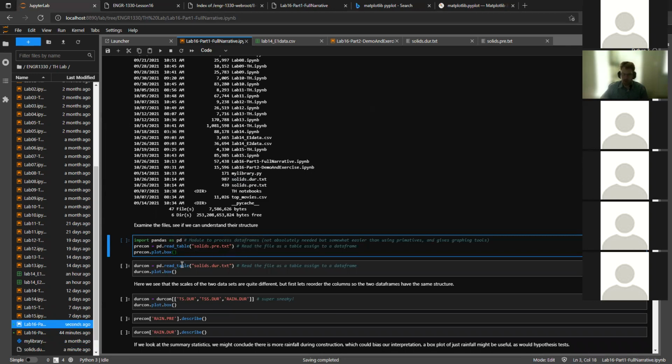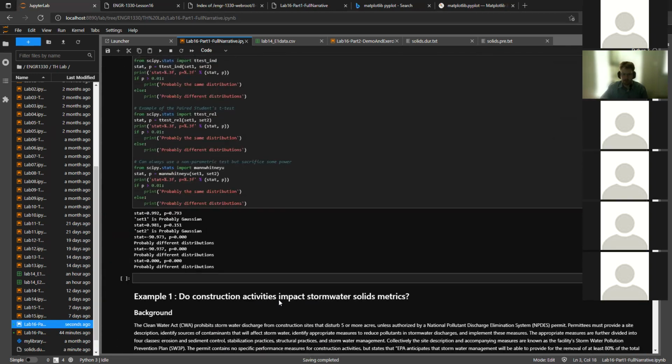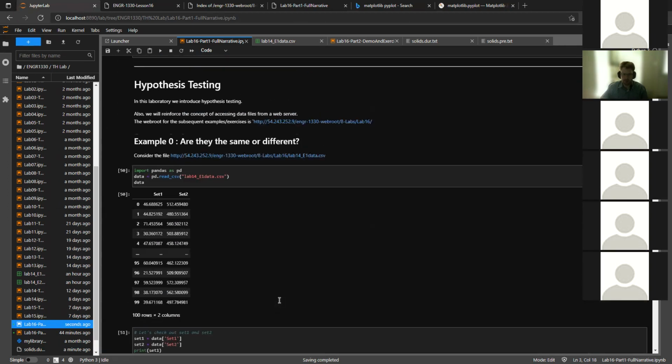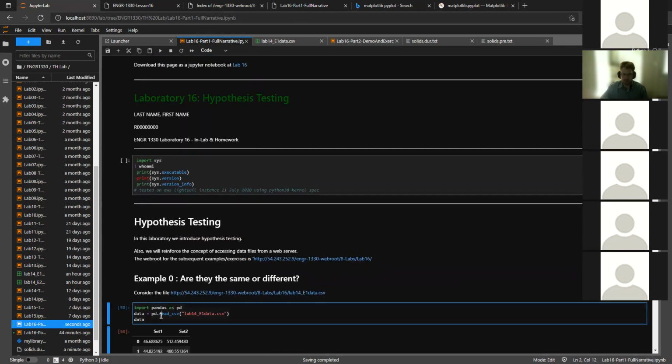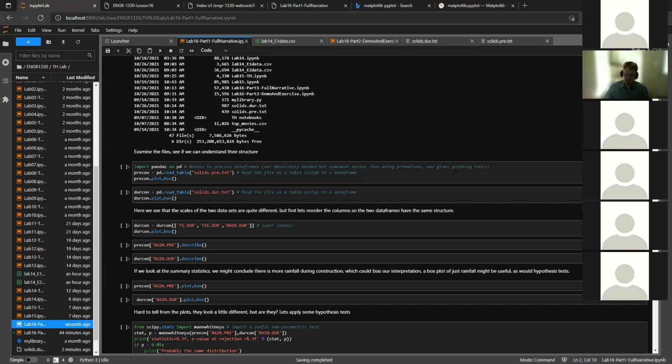Now, just as we had a, I believe it's read CSV. Yeah, read CSV is a method that Pandas gives us. We have read table, which will work on a text file. So what are we going to do? Well, we're going to import Pandas.